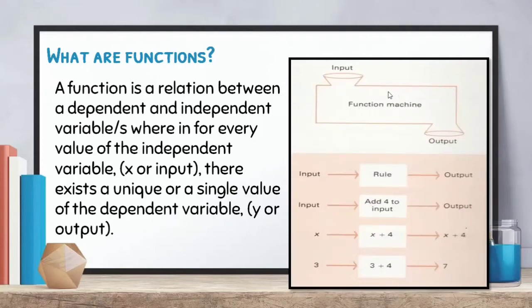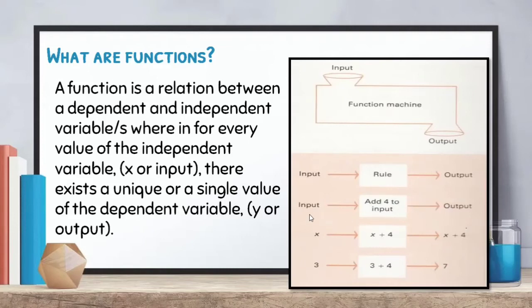Of course, if we have our machine, we're going to have our inputs. We're going to put something here in our input, then the function will process it, then eventually it will have its output. Now, if we relate that to mathematics, our function machine serves as our rule. If we have our input, then our rule will process our input and eventually give an output.